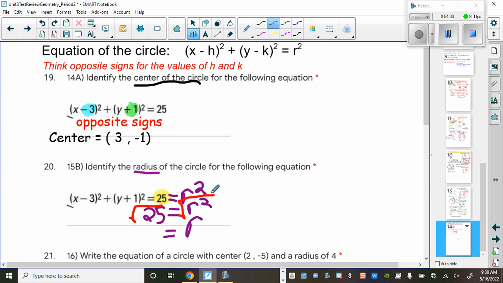You've got to take the square root of r squared, rather. So anytime you see something squared, the square root cancels it. So now you just take the square root of 25. What would be the square root of 25? 5. That's your radius. That's all. So if you're given the equation, you're given r squared.